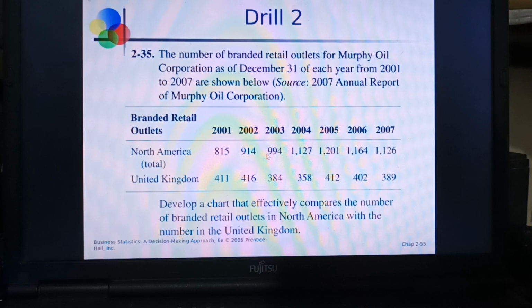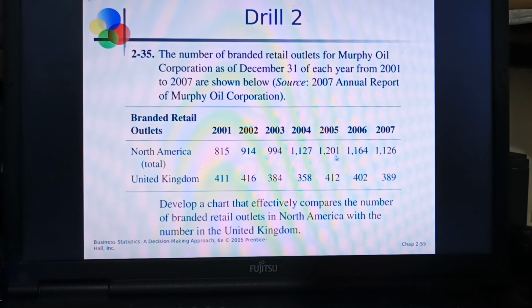This is time series data, and this would be cross-sectional data. So develop a chart that effectively compares the number of branded retail outlets in North America with the number in the United Kingdom.